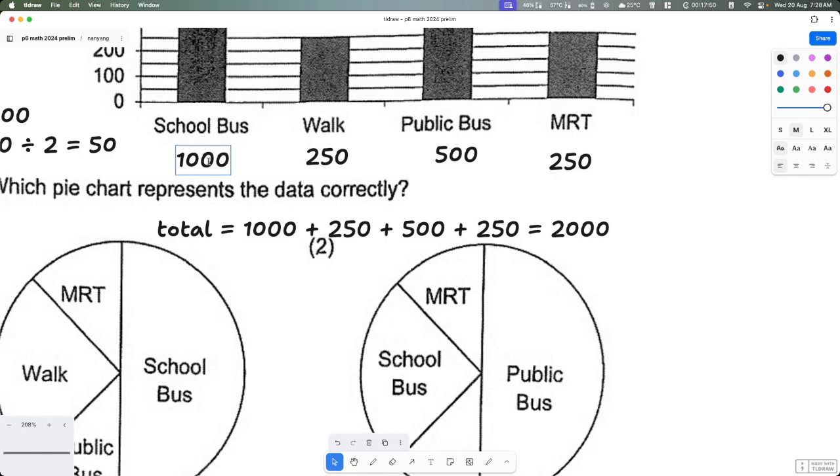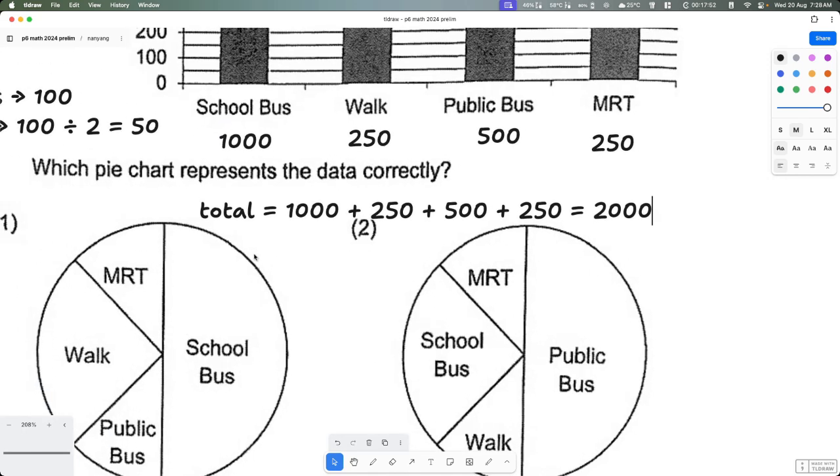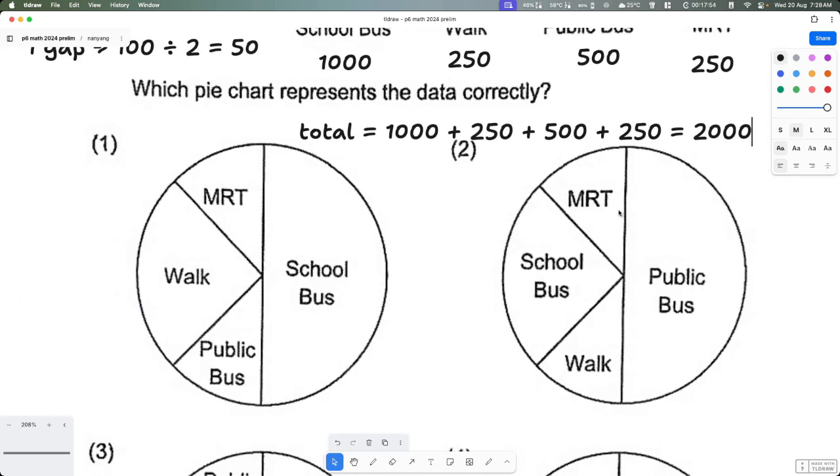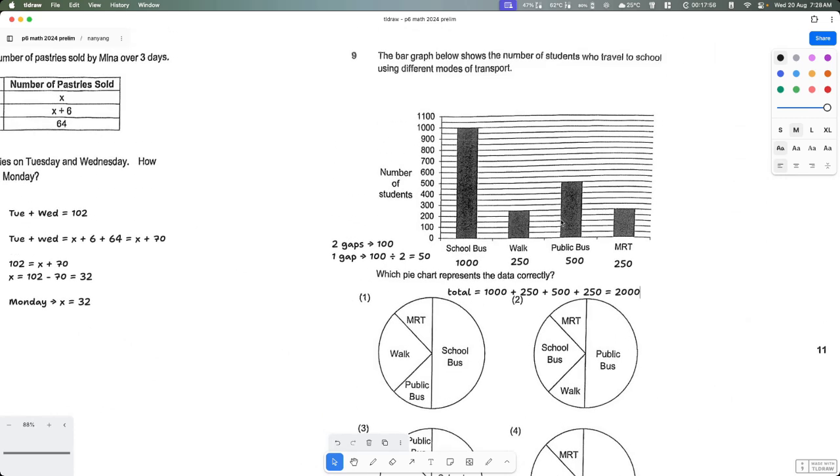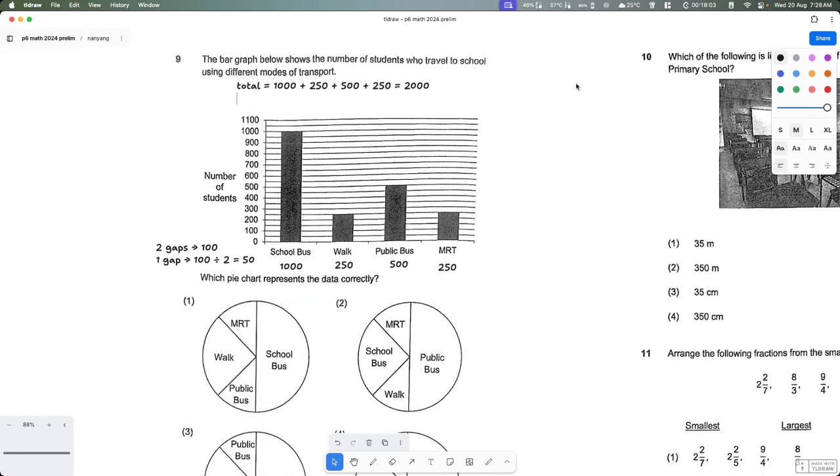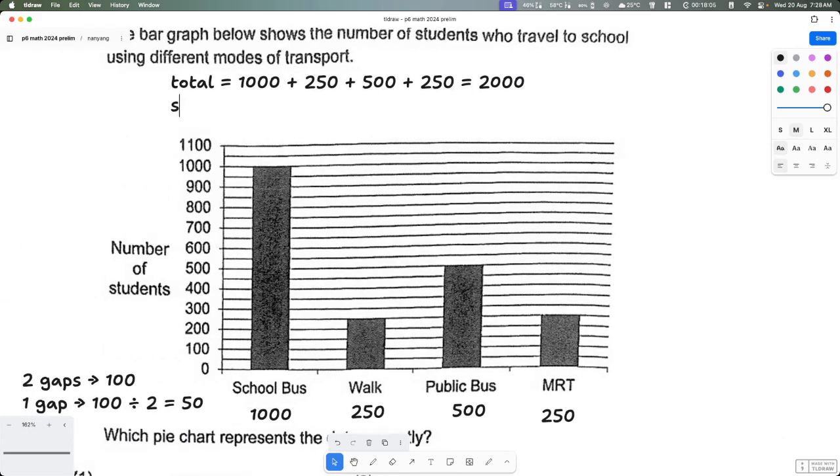So for the school bus, it should be half. There's not enough space to write, so I can write it here. Total is here. School bus is equal to 1,000 divided by 2,000, which is 1 over 2.